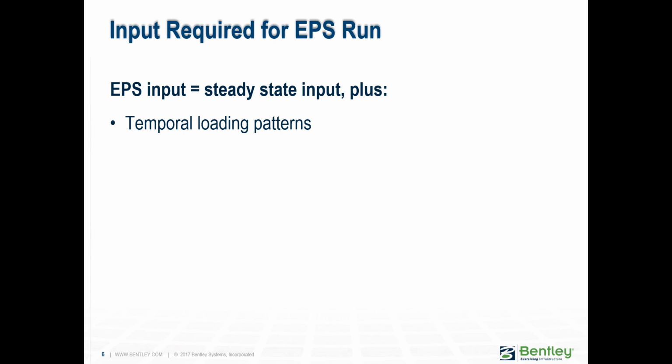Okay, so you've already built your system in steady state, similar to what we did in this workshop. What else now am I going to require to turn this into an EPS? First thing is the temporal loading patterns. So before we were saying, okay, at this manhole, I'm going to enter 100 gallons per minute, for example. That's too much, but whatever.